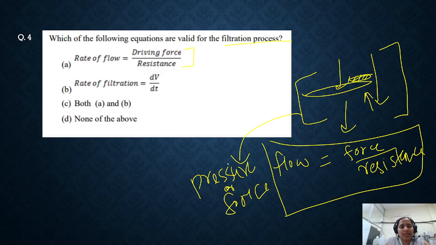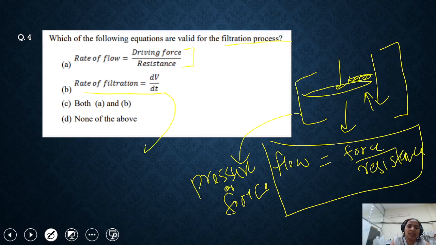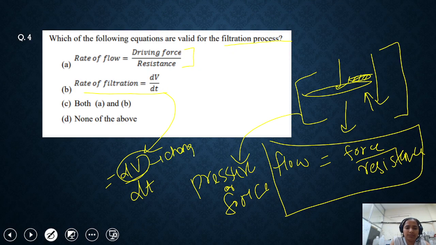Now let's read the second option. In the second option what they are saying is that rate of filtration is equal to dV by dt. Means the rate is equal to dV. What is this dV representing? dV is representing the change in volume with respect to time.